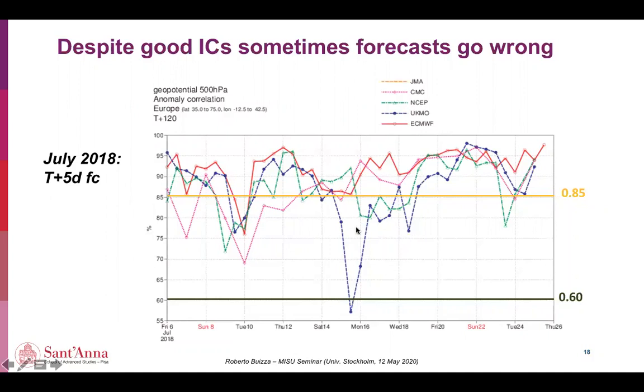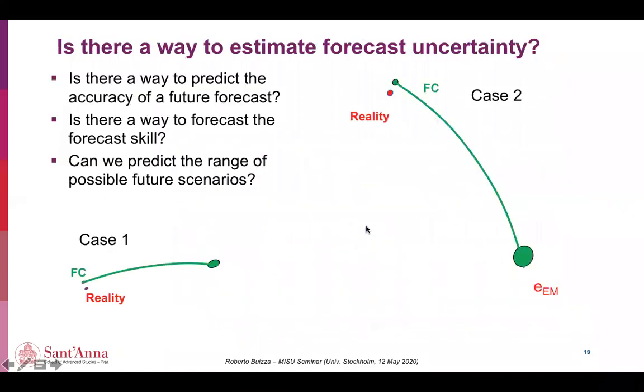Cases when our day 5 forecasts, which are usually very good. What I'm showing here are the anomaly correlation coefficients of forecasts from 5 centers. 100 means perfect forecast. So even if on average we are above 85%, which is a very good score, there are cases when the forecast can get very wrong, okay?